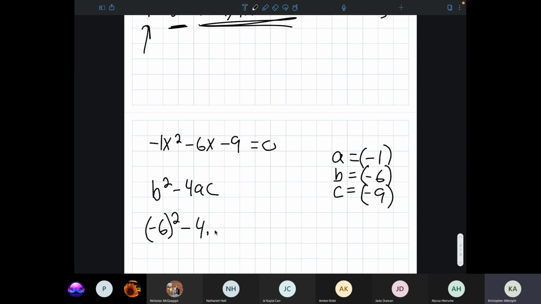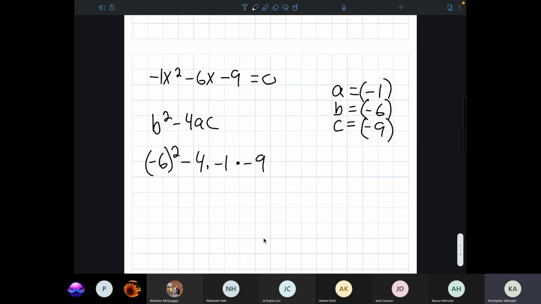Minus 4 times negative 1 times negative 9. So we're going to get 36 minus 36. We end up with a negative because we multiply a negative by a negative. This makes a positive. Then we multiply by this again, so we get a positive. And we're going to get 36. So we're going to end up with a 0.